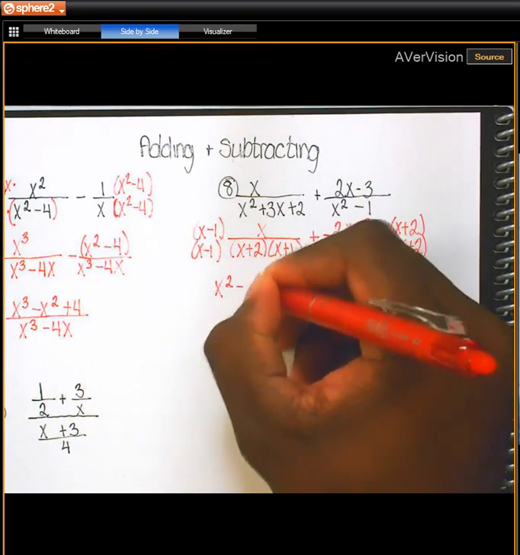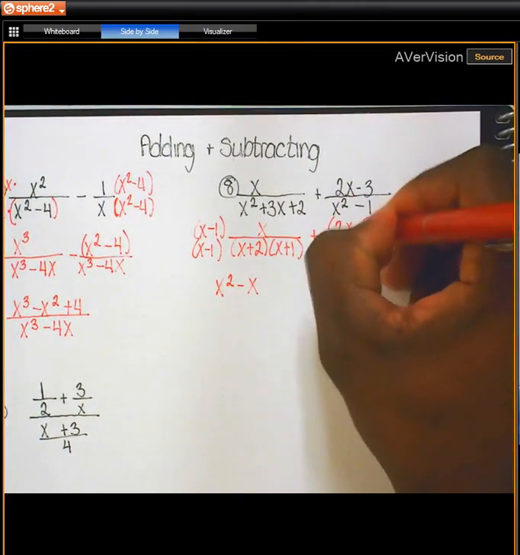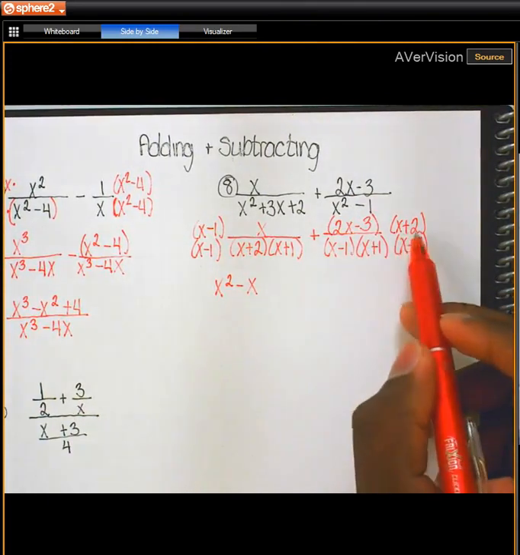Almost. And then we have 2x minus 3 times x plus 2.